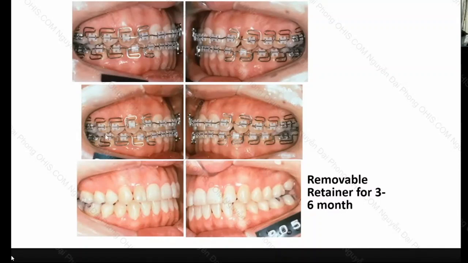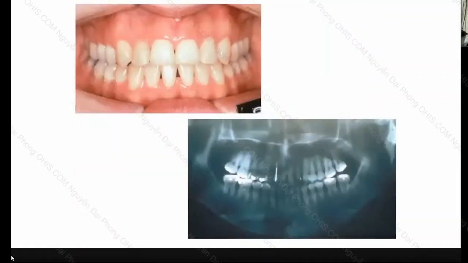You can see here also the separated molar occlusion. After finish, naturally these 6 and 7 come down and establish occlusion. After treatment, like this, maybe you can see this panoramic.